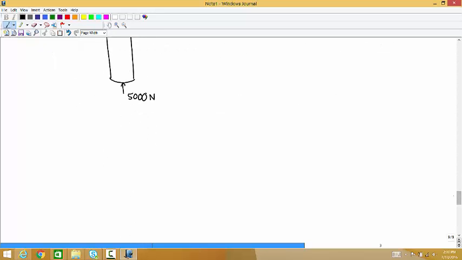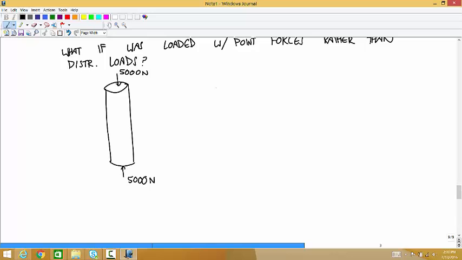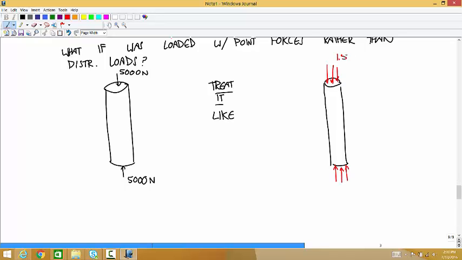So what we'll do here is treat it like it's a uniform distributed load. So 1.59 times 10 to the 7 pascals.